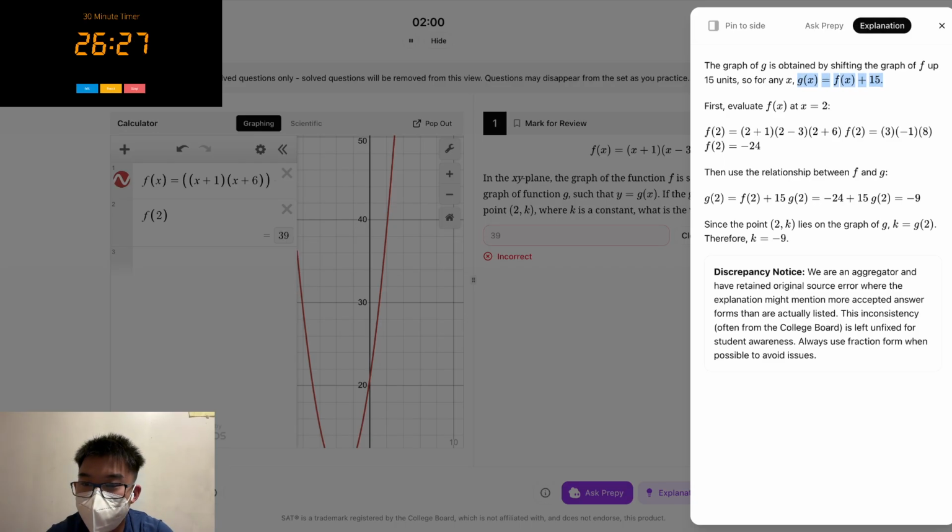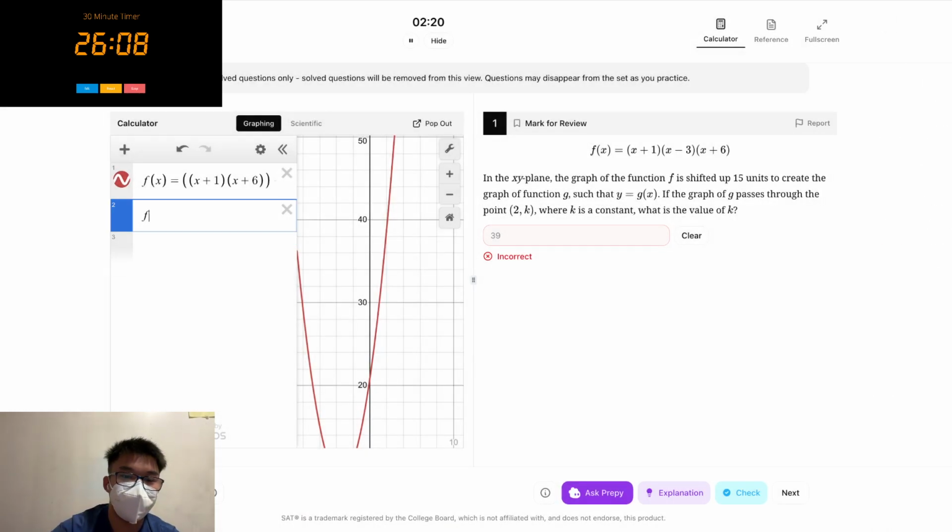So g of x is equal to f of x plus 15. Evaluate f of x when it's equal to 2. So f of 2 is equal to negative 24 plus 15, so g of 2 is negative 9.